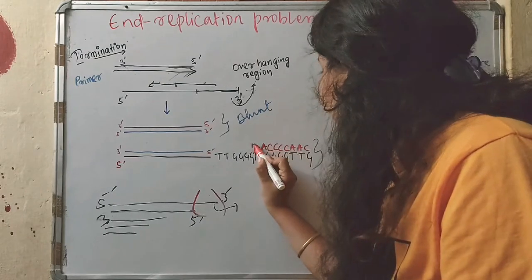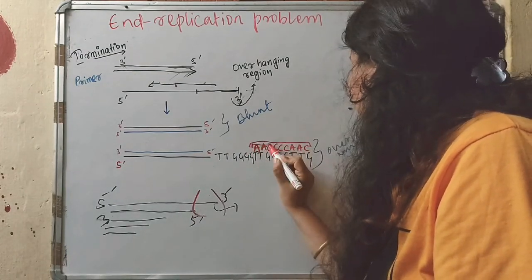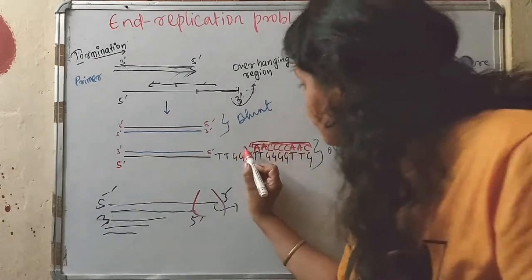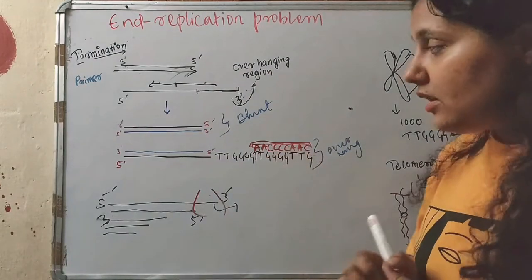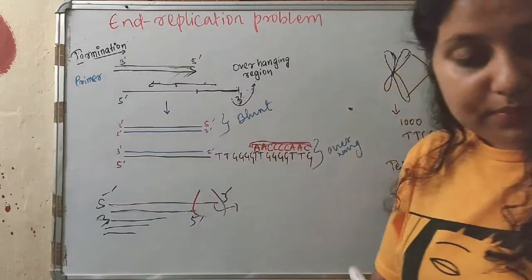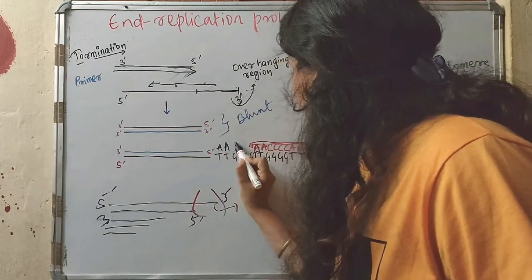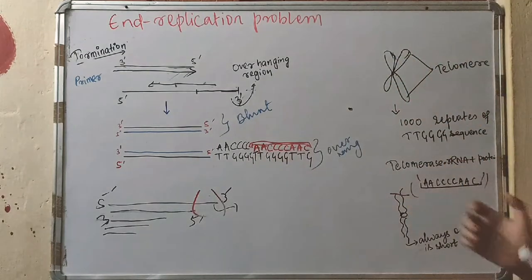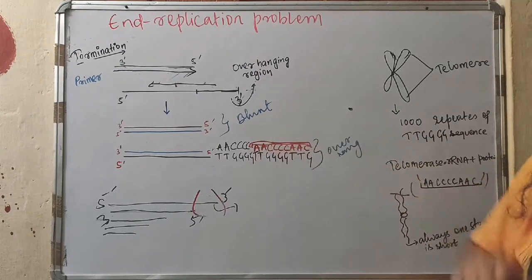For example, this is the protein part of the enzyme. Now this protein part will synthesize the further nucleotides and this will be compensated. And then the new strand formed by this will be the same.